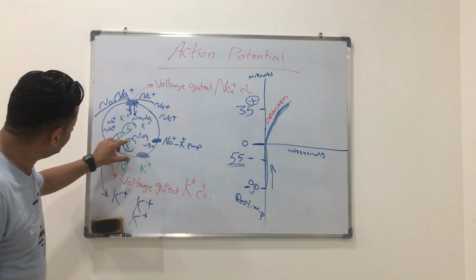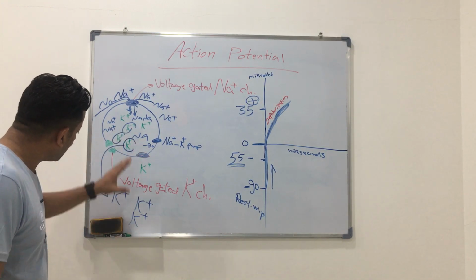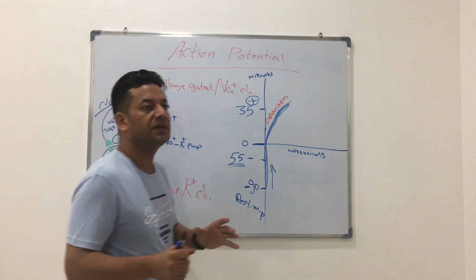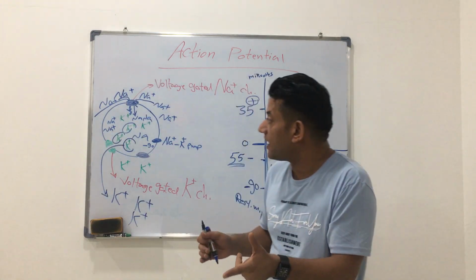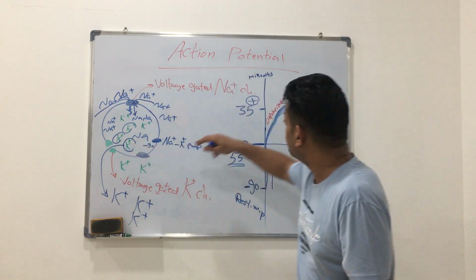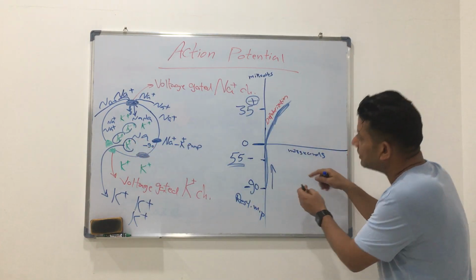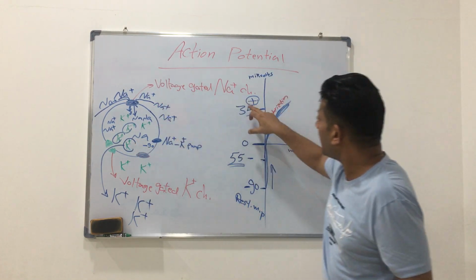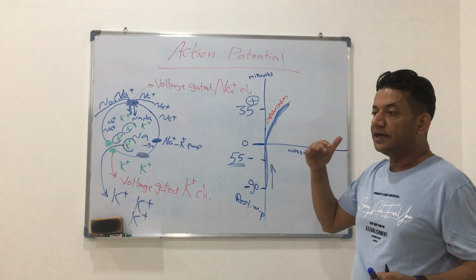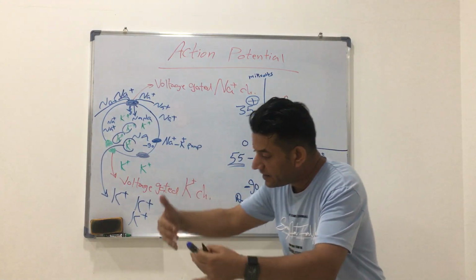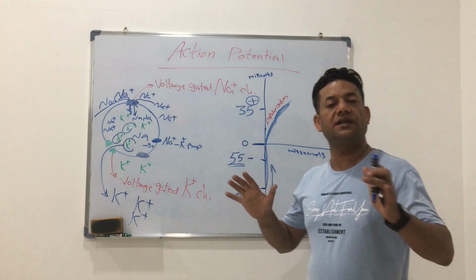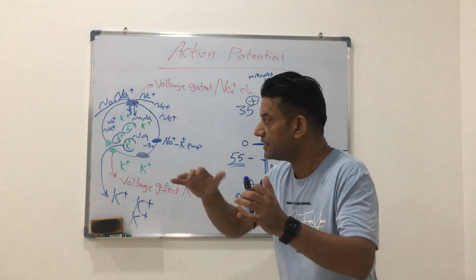The exit of potassium ions to outside of the cell, in other words, exit of positive charge, will cause a decline in current. So the charge will also decline again towards the negativity.